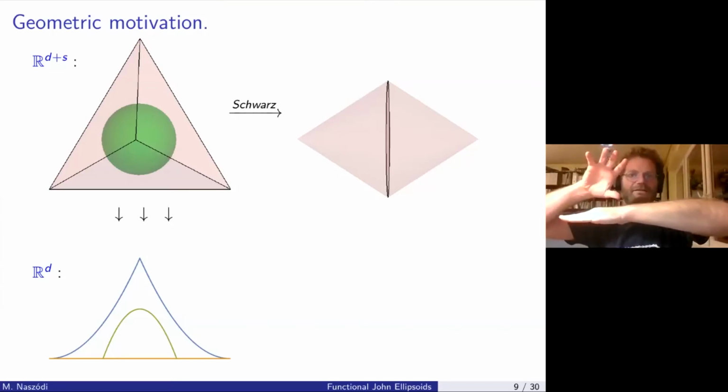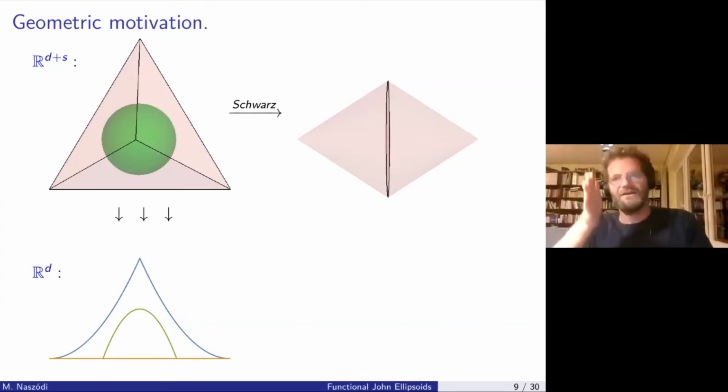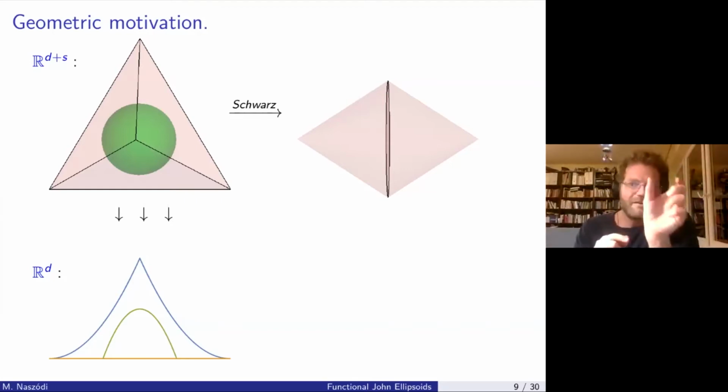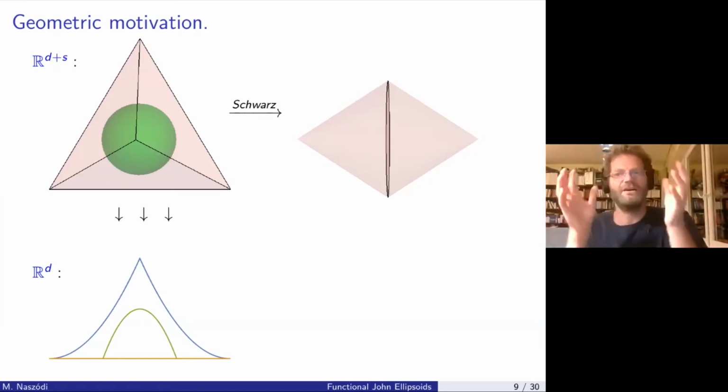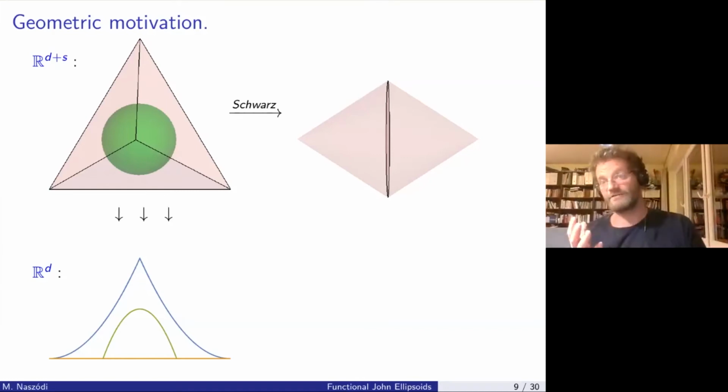And you must have learned Steiner symmetrization, which is if you have a convex body, you take a hyperplane, you draw perpendicular lines to that hyperplane, you take the intersections with the lines, and you put those line segments in the right position so that the hyperplane is in the middle, right? And you get a new thing, which, as it turns out, is a convex body. It has the same volume, but is nicer because it's symmetric about the hyperplane.